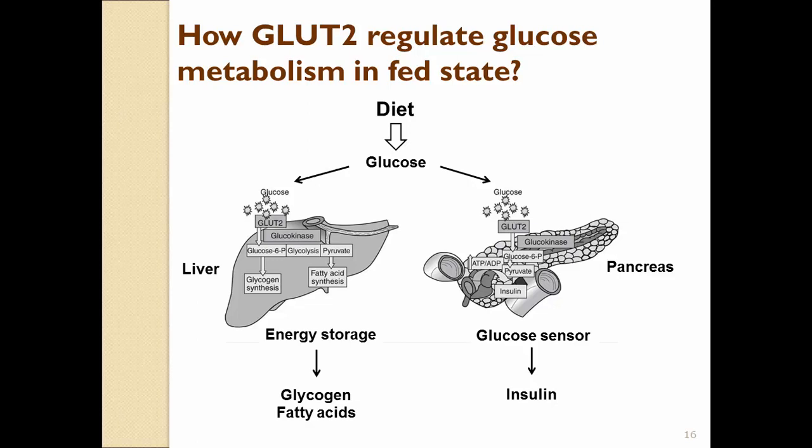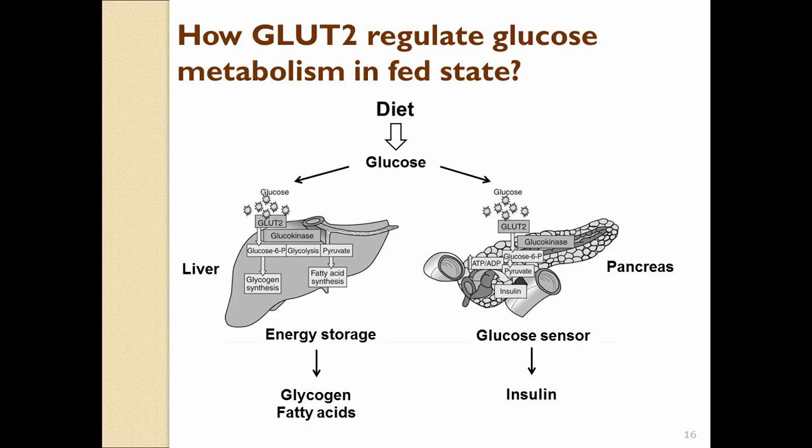What happens when glucose enters the beta cell in the pancreas is that it leads to insulin secretion, right? So the beta cell basically is a glucose sensor. When glucose level is high after a meal, insulin secretion will be triggered. And what about the liver?